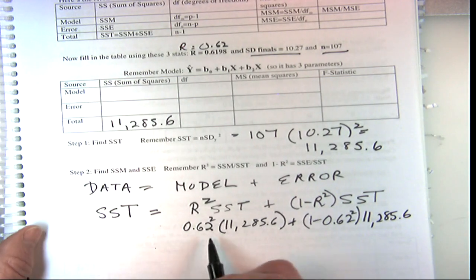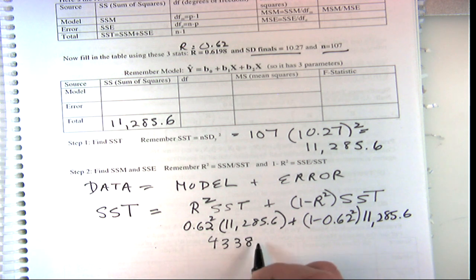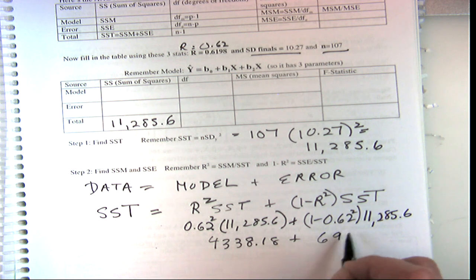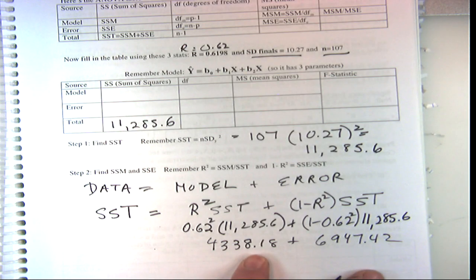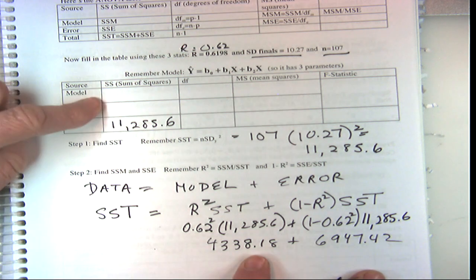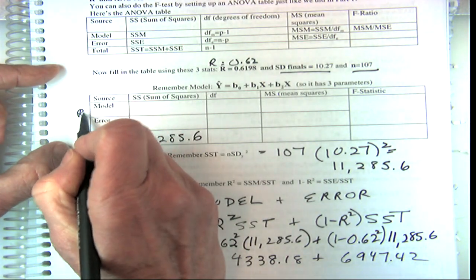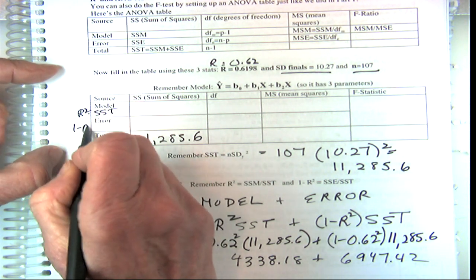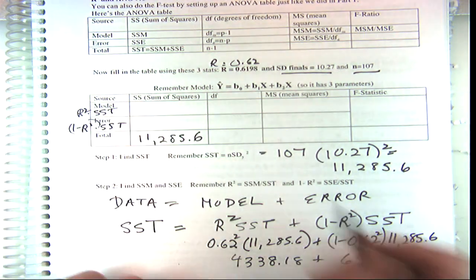When I did that, I got 4,338.18 here, and this one is 6,947.42. So that's what we're doing. This is R squared times SST, and this is 1 minus R squared times SST.